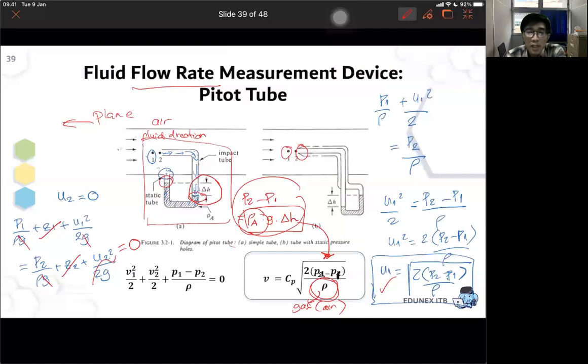The air will be flowing inside, and then it will pressurize the liquid, right? But since the liquid has a higher density, at some point the liquid will stop moving. So it means the pressure is already balanced. Correct. So the pressure given by the air to the liquid is already balanced by the pressure given by the liquid. And it also shows the pressure difference between the air inside the tube and the air outside the tube.